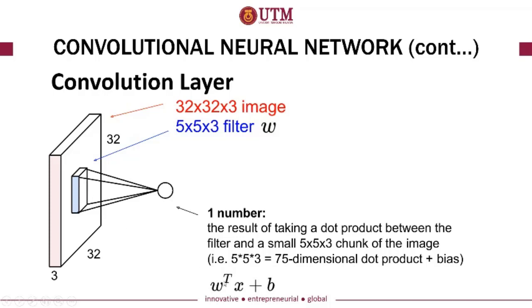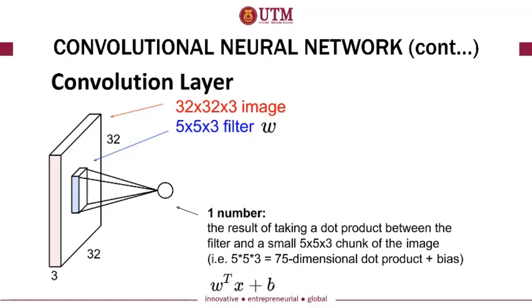The values of X which overlap with your filter are multiplied with your W there. So you do not multiply the X values which do not overlap with the filter. Of course, you can ignore the bias if you don't consider it, but in this note we don't ignore the bias, so that's why we add B there.